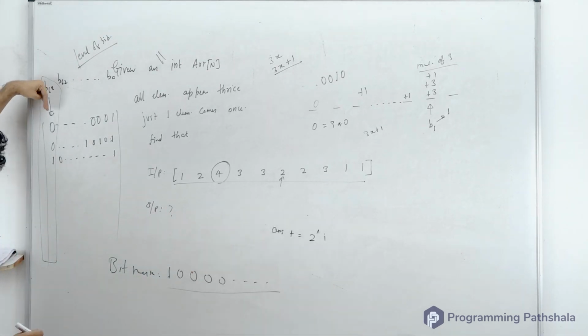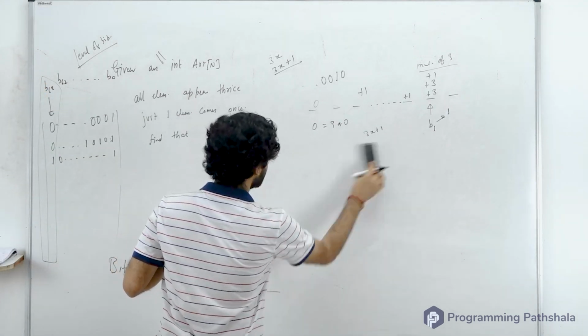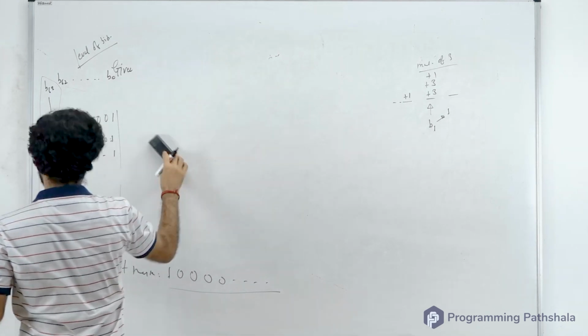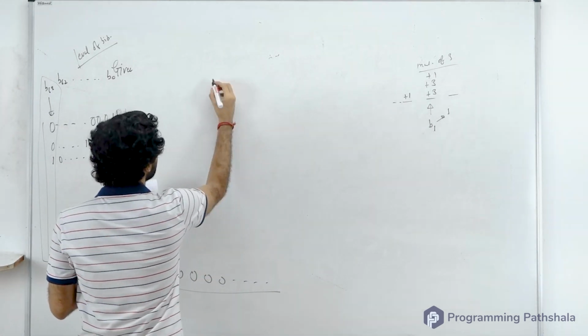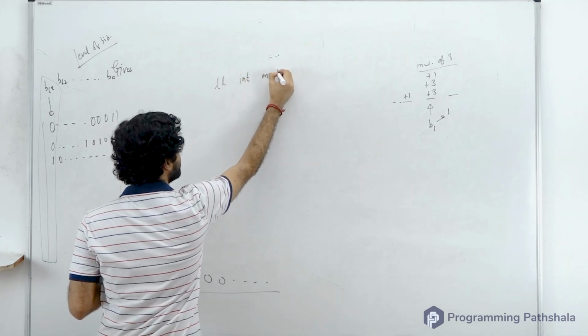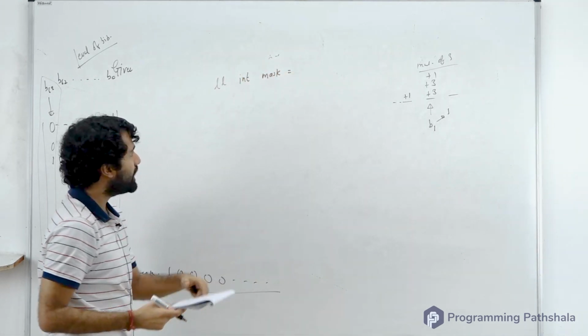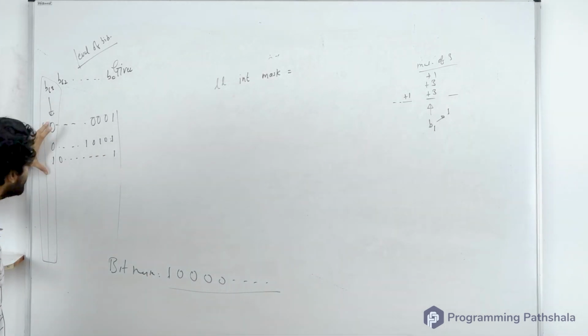I want to start with this particular bit position, which is B63. So for that, I want to start by creating this particular mask. I would need a long int, let's say mask equals something. Can you tell me what it should be equal to initially if I want to start with this?